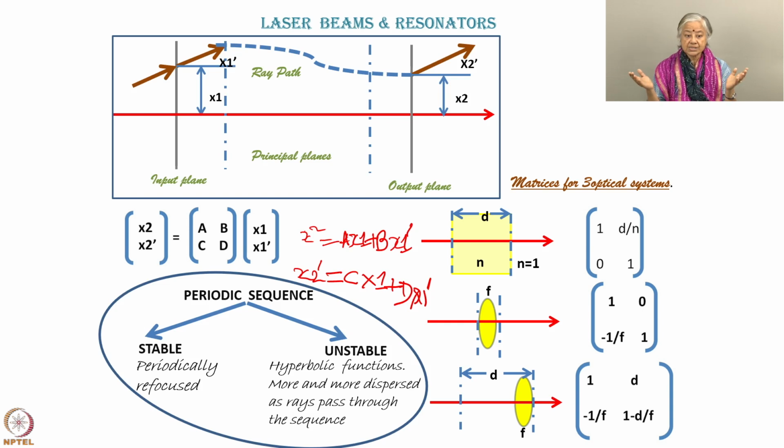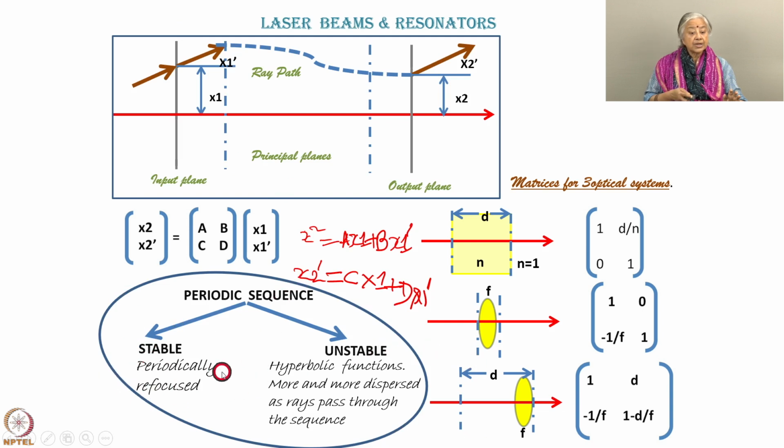Now, this is a periodic sequence. Now, this periodic sequence could be stable or unstable. Okay. So, this whole set of optical systems which is falling in the path of this ray and we want to know what is the output, could be a stable system or an unstable system.